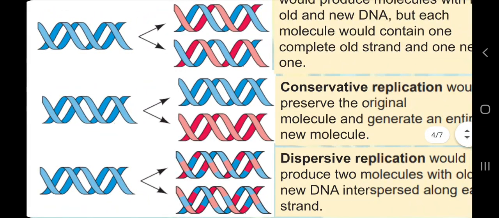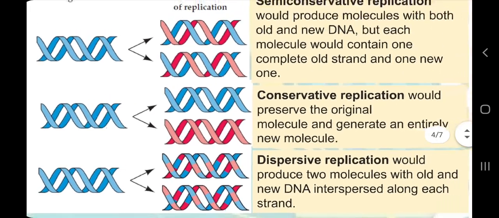In the first diagram you can see that in the two new DNAs, one strand is blue and the other strand is red. It means the new DNAs have half part of the old DNA and half part of the new DNA.